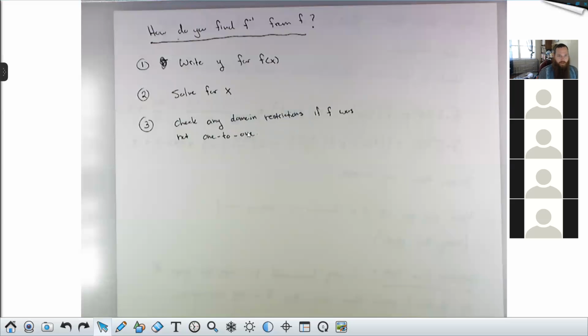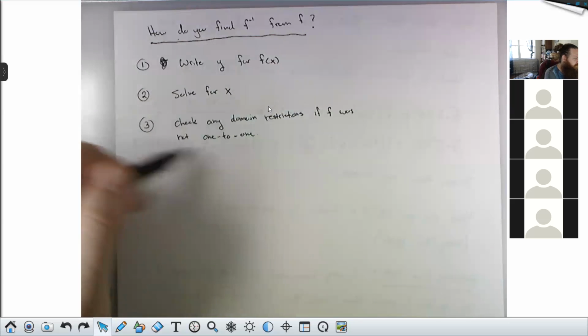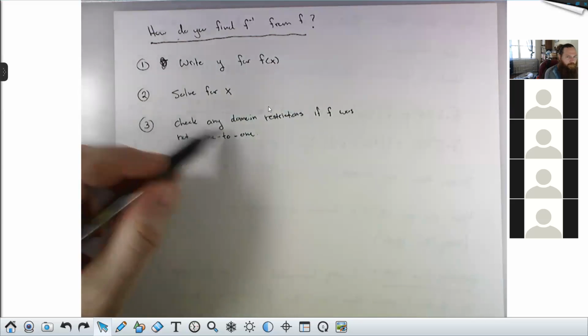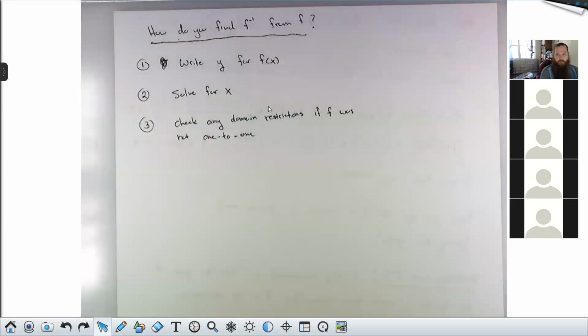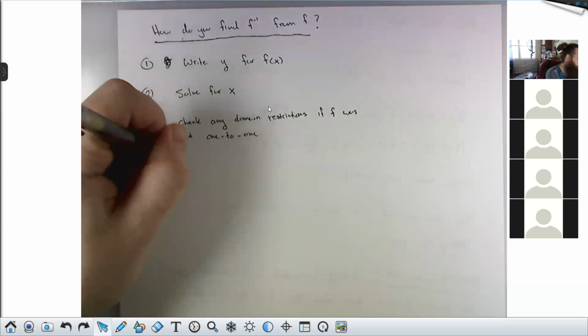And sometimes that introduces some weirdness in the algebra when you solve for x. So after you've solved for x, you're going to need to take a look at that algebra and see if your domain restriction tells you anything. Like maybe you have a plus or a minus that shows up somewhere that needs to be flipped, or you need to choose between a plus minus when you've got both. Then you're going to swap x and y.